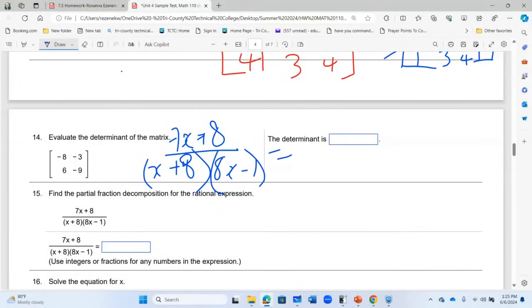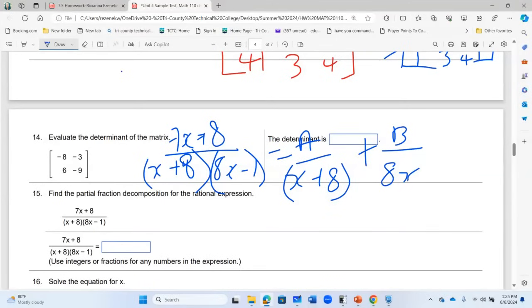And on the right-hand side, there are two factors and none of them is quadratic. So I will just write A over the first factor, x plus 8, and then plus B over the second factor, B over 8x minus 1. And then I'm going to multiply both sides by this quantity.